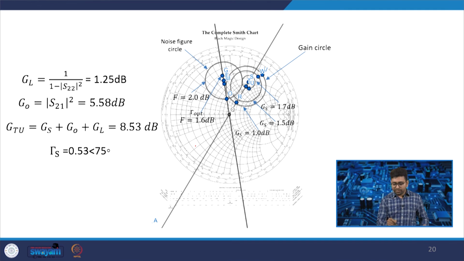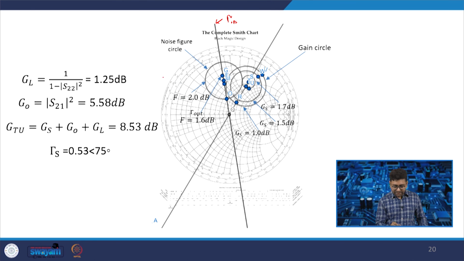So on the Smith chart, if you try to draw the gain circle, you can see this line is nothing but the angle shown as the angle of gamma opt, and this is for the gain circle. That depends upon the center. So what we are interested in is to find the noise figure of 2 dB.